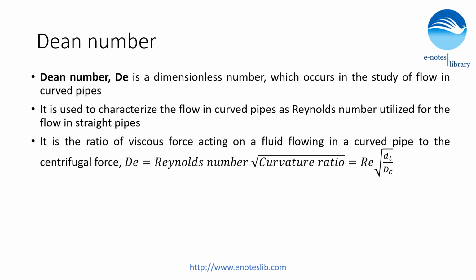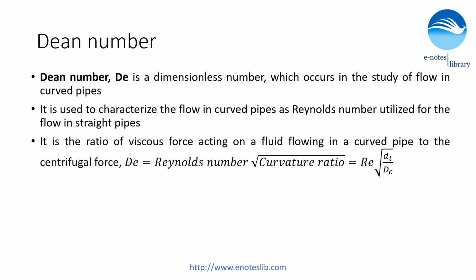It is used to characterize the flow in curved pipes, as Reynolds number is utilized for the flow in straight pipes. As we say, if Reynolds number is below or up to 2000, then we have laminar flow. If it is above 4000, then we have turbulent flow. If it's between 2000 and 4000, then it is transition flow. Similarly, Dean number is also used to characterize the flow in curved pipes.